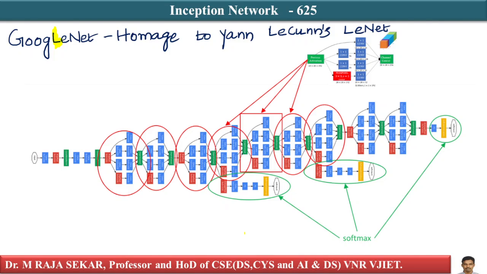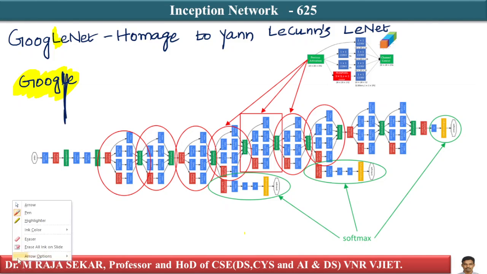Instead of writing a small l, they kept a capital L here to respect Yann LeCun, as LeNet was one of the first very successful deep neural networks.